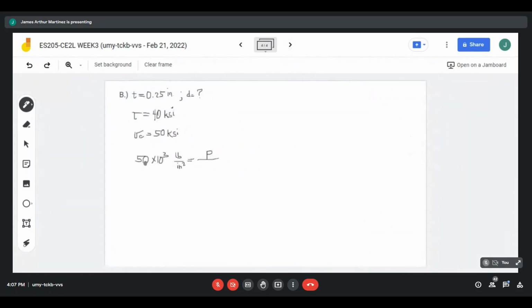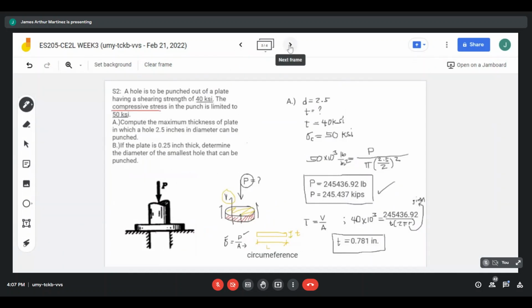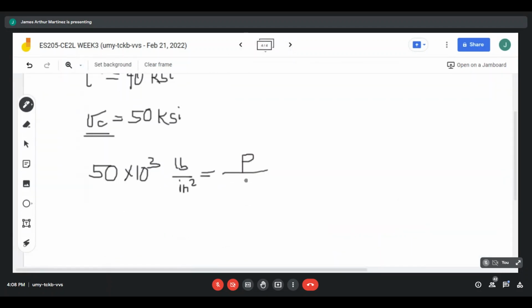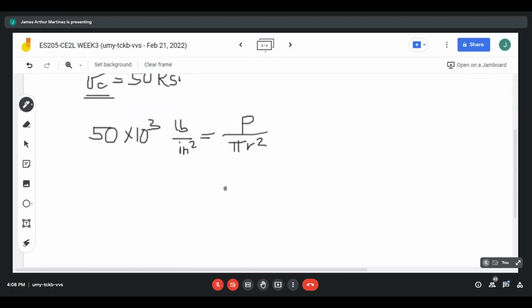Since this is normal stress, perpendicular to the force P, we consider the cross-sectional area of the circular slug, which is pi r squared. The radius is still unknown since we have not yet found the diameter.